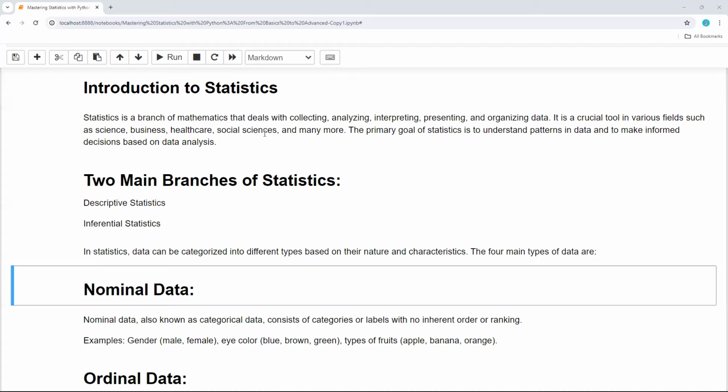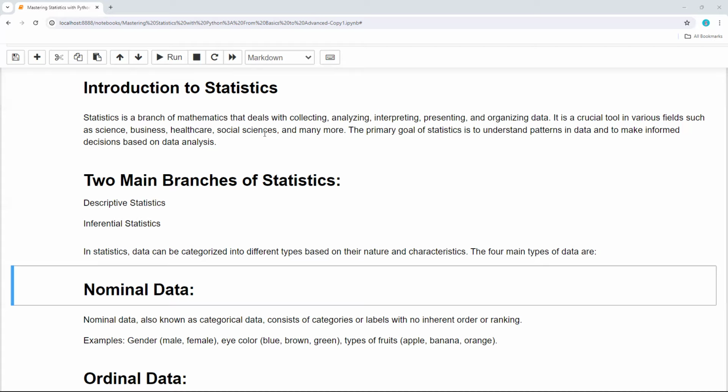Basically, statistics is a branch of mathematics that deals with collecting, analyzing, interpreting, presenting, and organizing data. So everything is data. For example, TV news channels, TV shows, daily newspapers, or going shopping, everything is data.